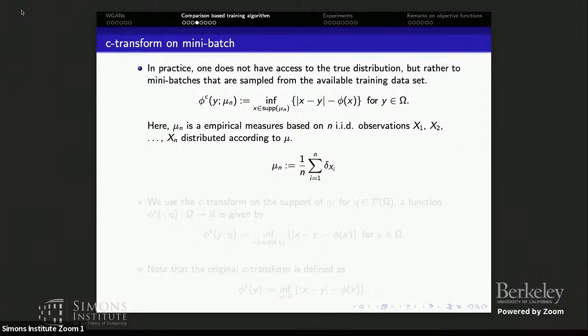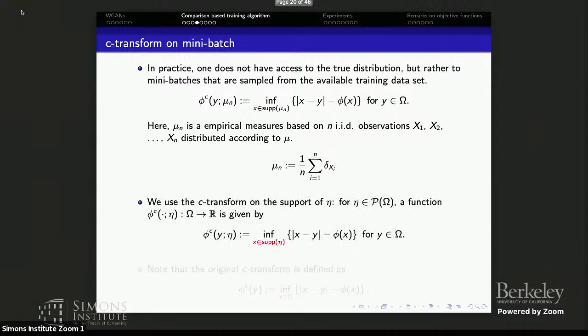So here, when we compute the C-transform of phi, we may only consider the infimum over x in the support of mu_n, where mu_n is an empirical measure. This approach is widely used in the literature. But in fact, this C-transform on a smaller set, say on the support of one measure, is different from the original one.